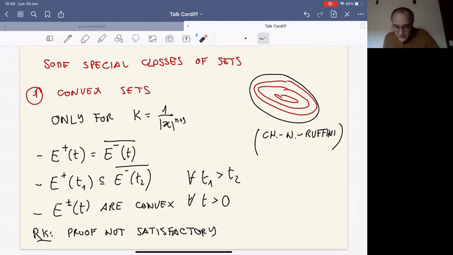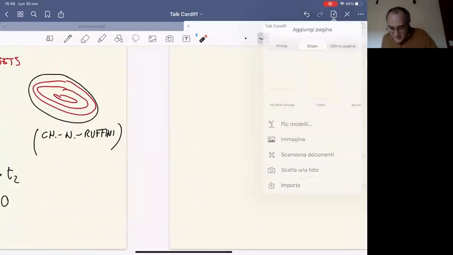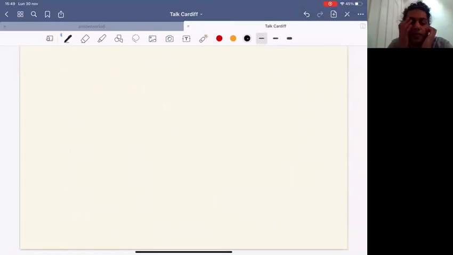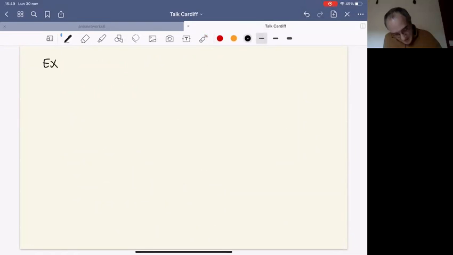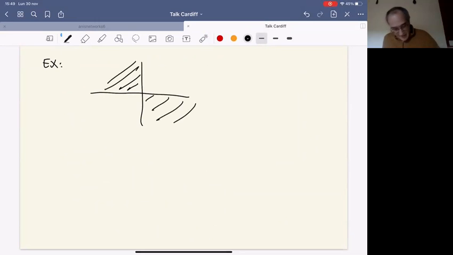Okay. Can I give you just an example, a typical, easy example of fattening. If I start from this set here, for example, what I have is E minus of t, this one.